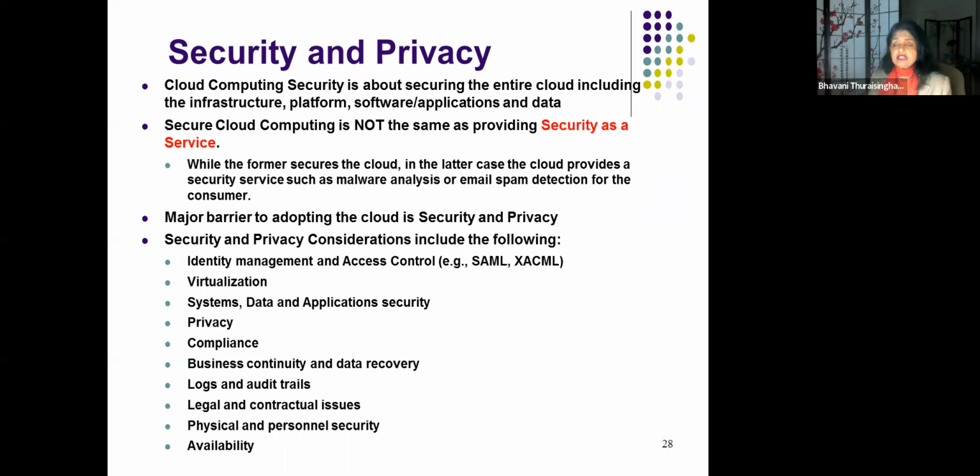So for instance, if a company gets lots of spam, or everybody wants to get authenticated, what they can do is divert all those security operations to the cloud. And then the cloud can look at the emails to see is there malware, and then delete the malware, or quarantine those messages with malware or spam, and then send the rest to the individuals in the company. So the cloud is providing a security service.